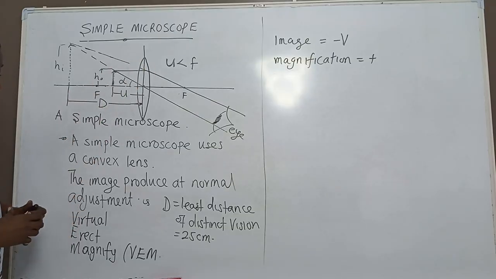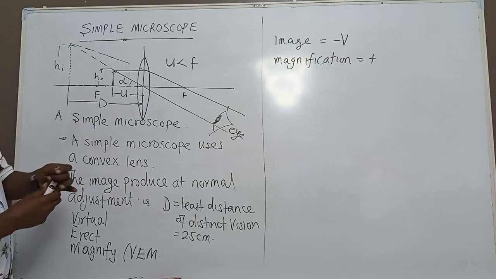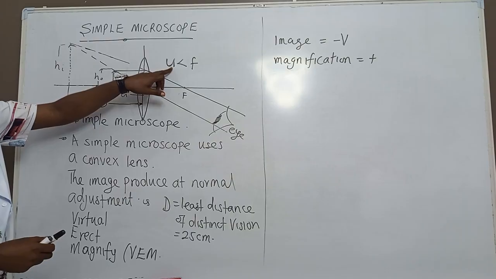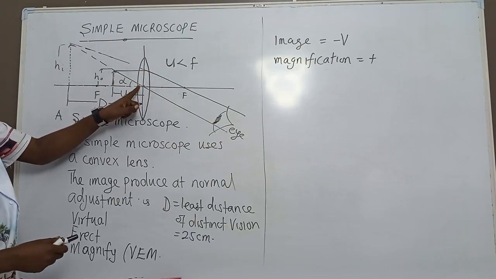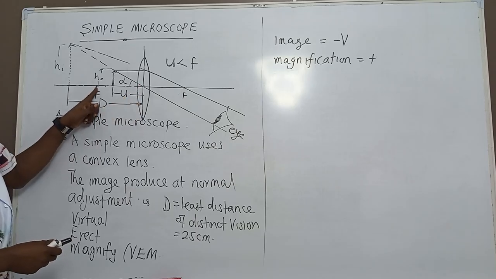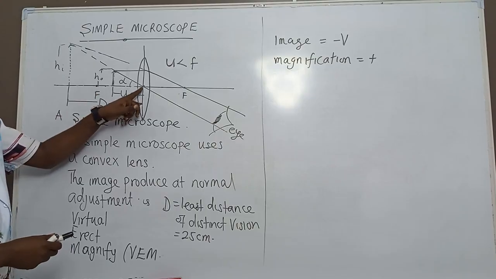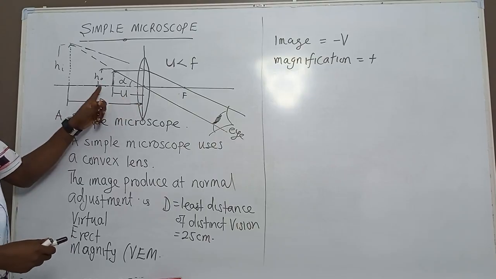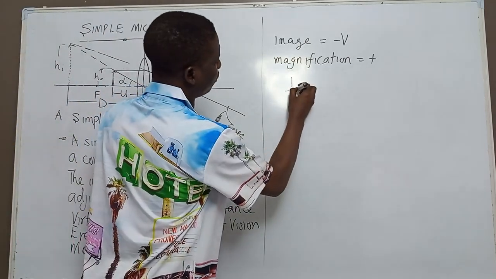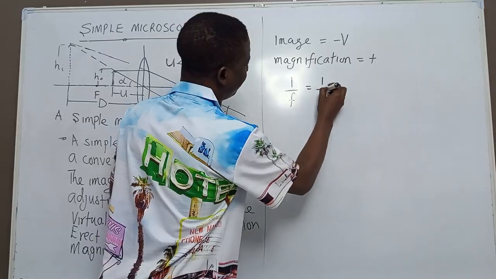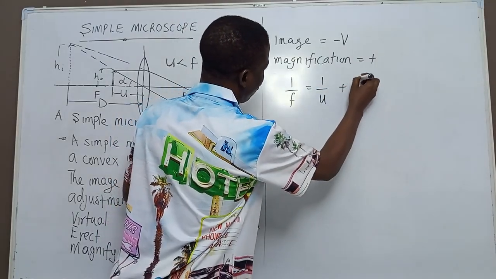Another thing we need to learn is that the object must be placed less than the focus. That means it must be placed between the lens and the principal focus.